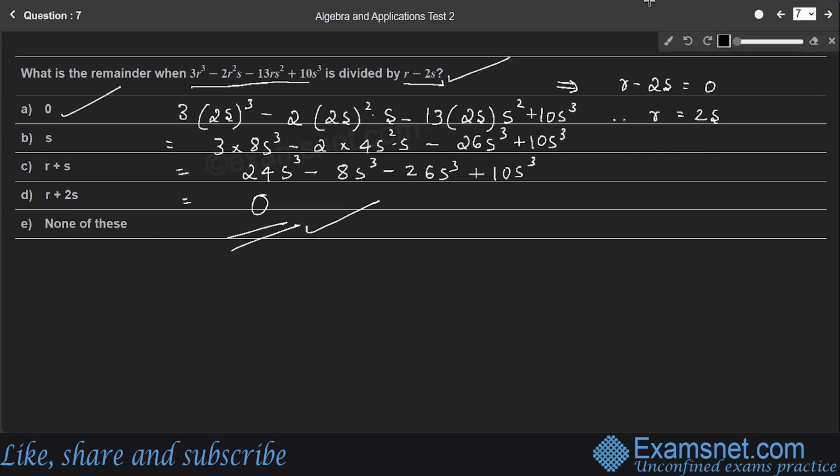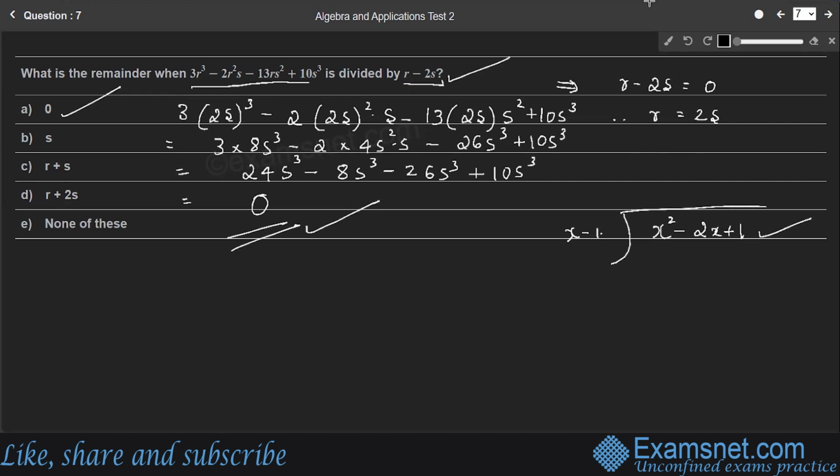So for example, I'll take the same example, x square minus 2x plus 1, again an algebraic expression. When it is divided by one of its factors, x minus 1, what is the remainder? You will get 0 as the remainder, because the given expression can be written as x minus 1 into x minus 1.